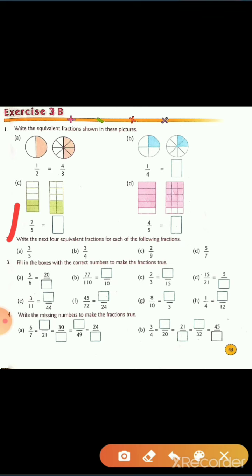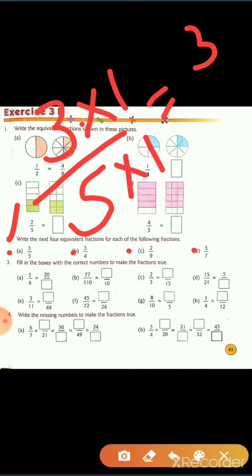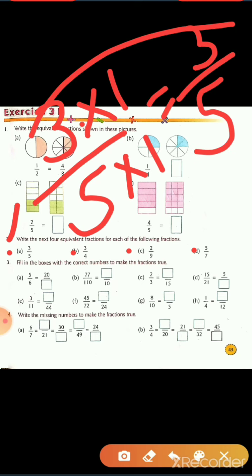So in this case, you just multiply. 3/5, 3/4, 2/9, 5/7 are given. We know we have to multiply the same number in the numerator as well as in the denominator. So for 3/5, if we multiply by 1, then that is the same, so you just don't do it.